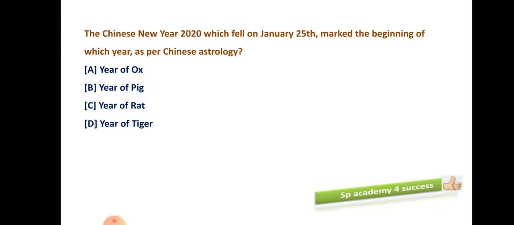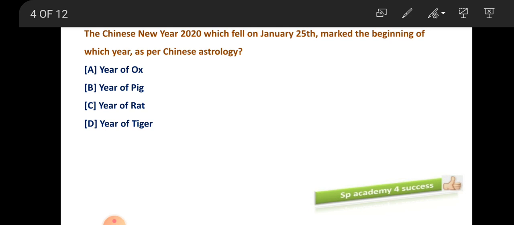Here also, let me give you the explanation first. The Chinese New Year, as I said, they have celebrated the New Year on January 25th in 2020. So you may get a doubt: will they not celebrate the new year on the same date every year?